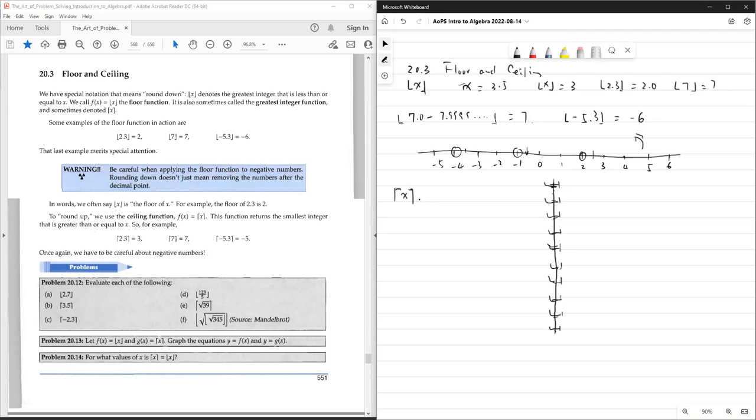It goes similar to the floor, except it's the opposite: it's the smallest integer that's greater than x. This one is the greatest integer that's smaller than x, and this is the smallest integer that's larger than x.